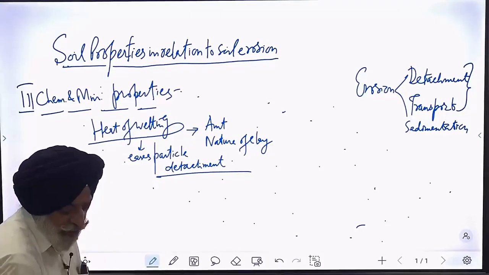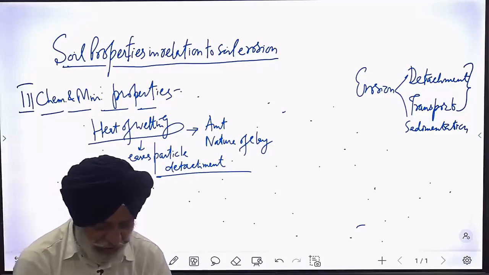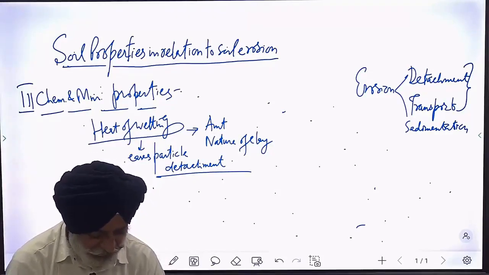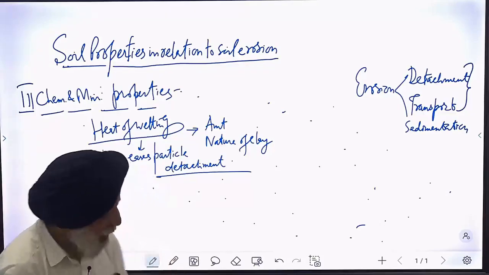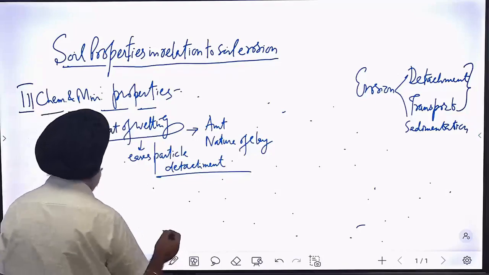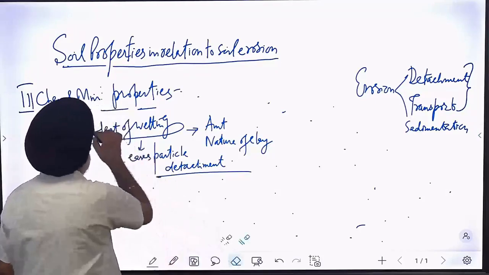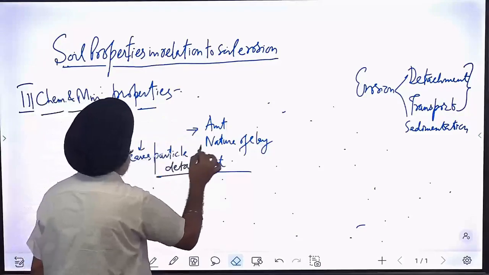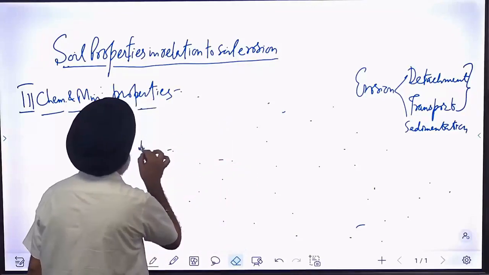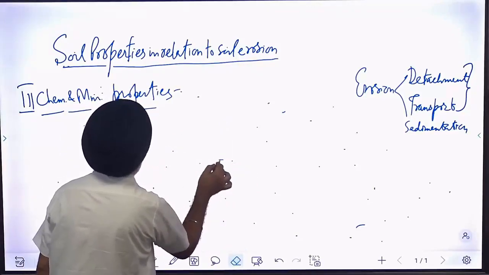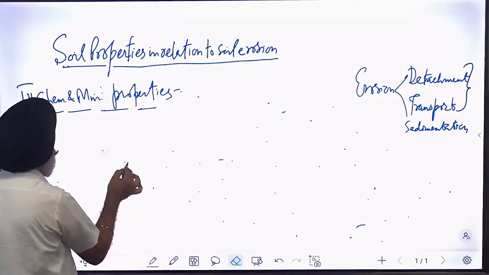Then there are soil profile characteristics. The characteristics of the soil profile also affect the erodibility of the soil or soil erosion.